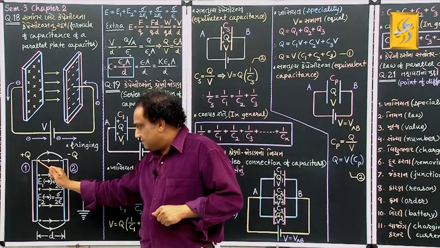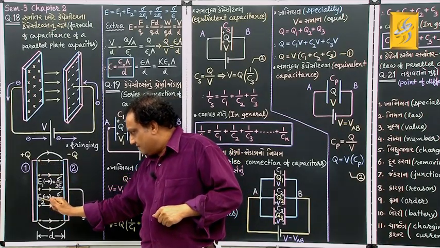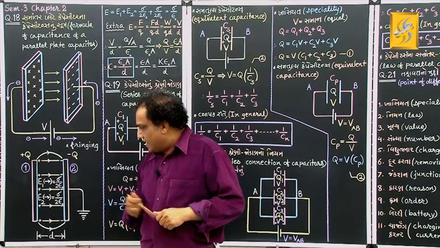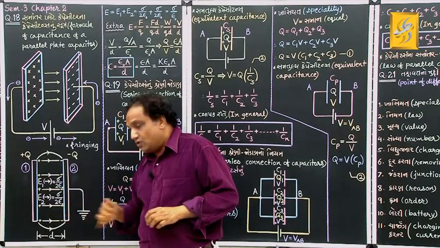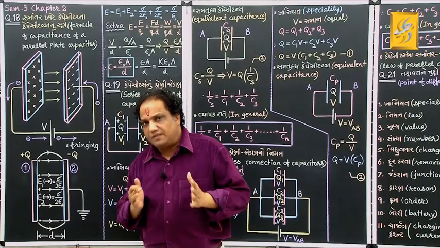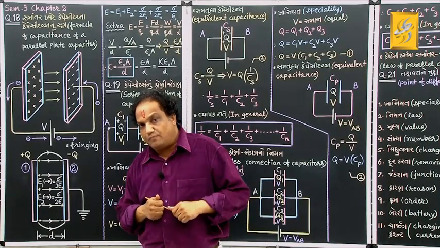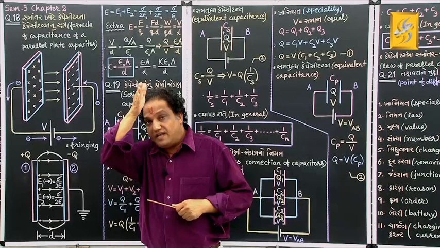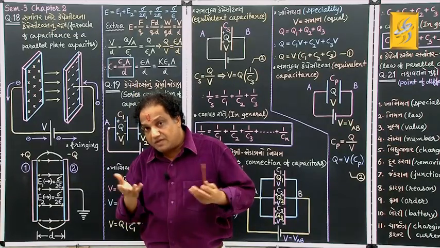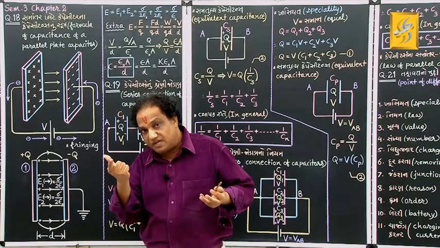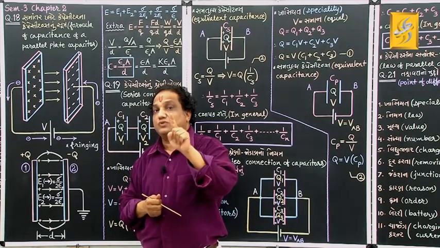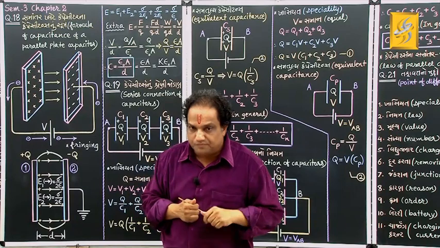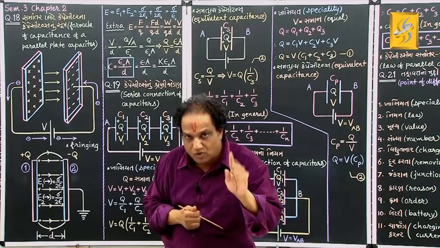If you consider this face having positive charge with uniform distribution, then what is the electric field produced by an infinitely extended plane of charge having uniform surface charge distribution? Come on, what was that? Studied in the first chapter, capital E equals sigma upon 2 epsilon 0. Capital E equals sigma upon 2 epsilon 0.